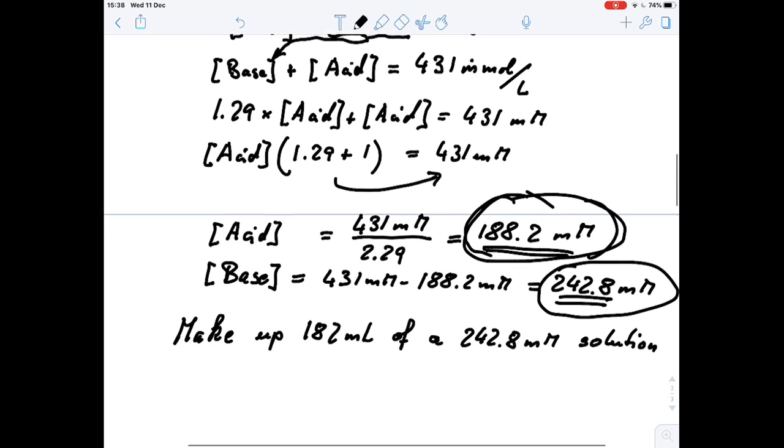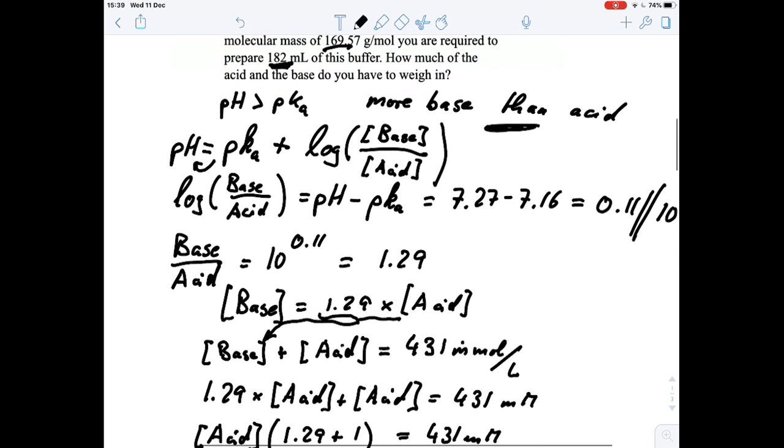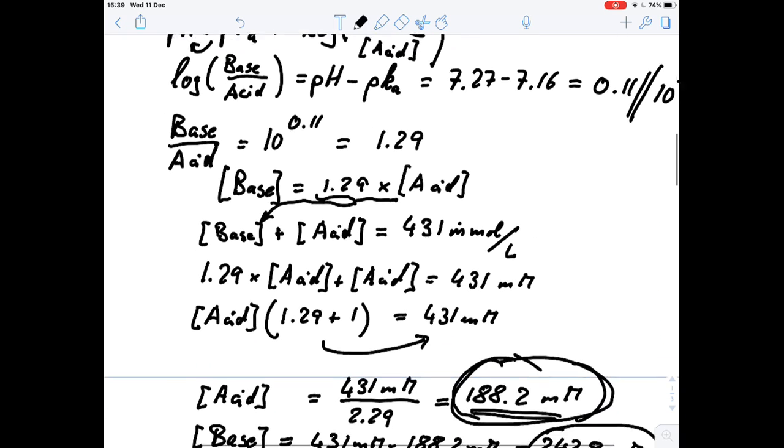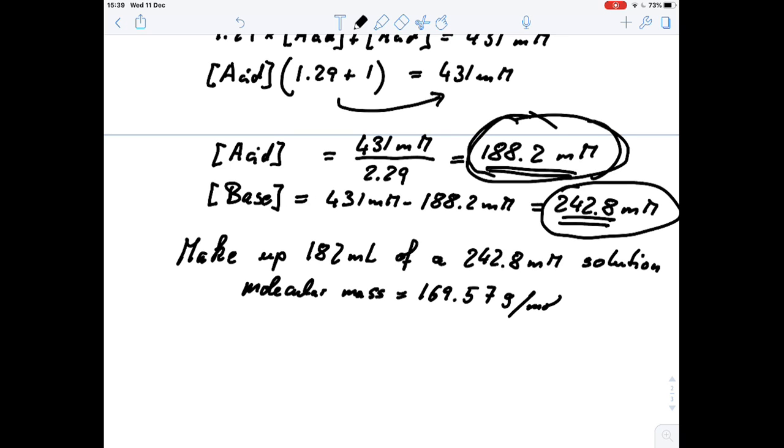And the molecular mass for the base was 169.57 gram per mole. So that is now our task. Are you still happy with that? Does that make sense?